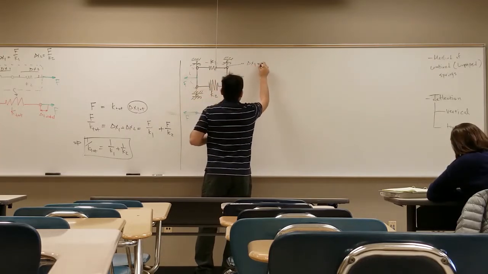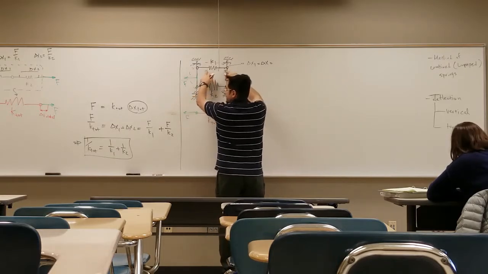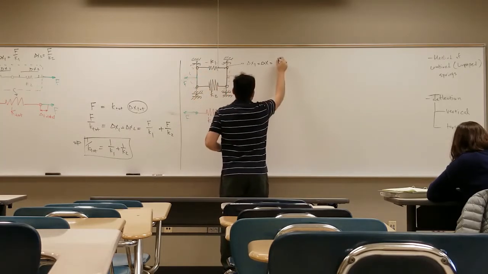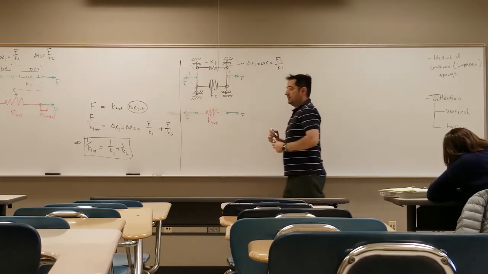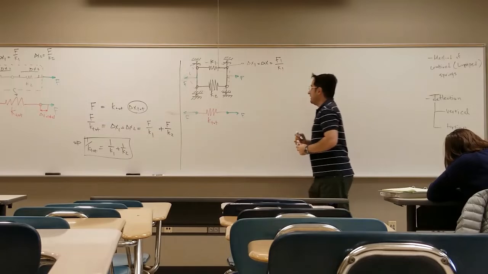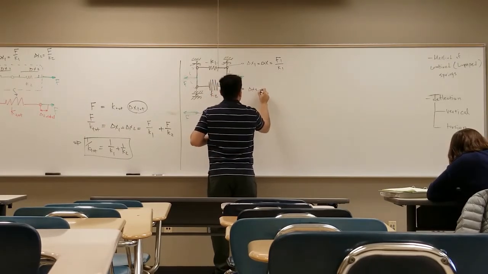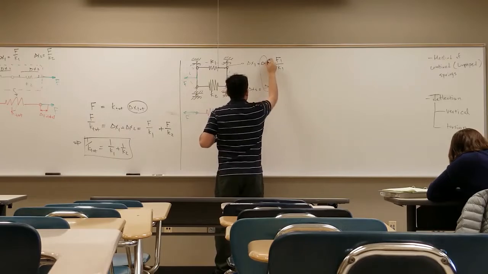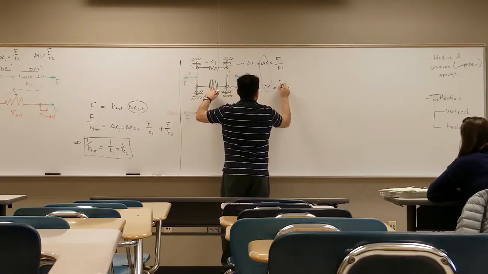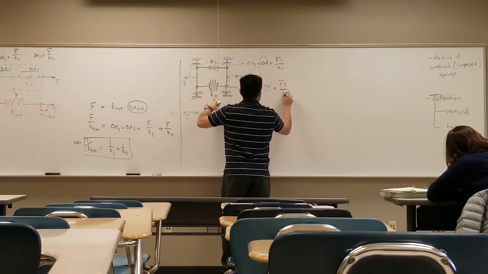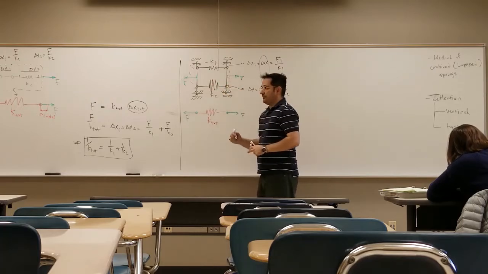Delta x1 is equal to the same delta x, equal to the force in this member, let's call it F1, divided by K1. And delta x2 is the same thing, equal to the force here, F2, divided by K2. But look, F1 and F2 are not equal to F.